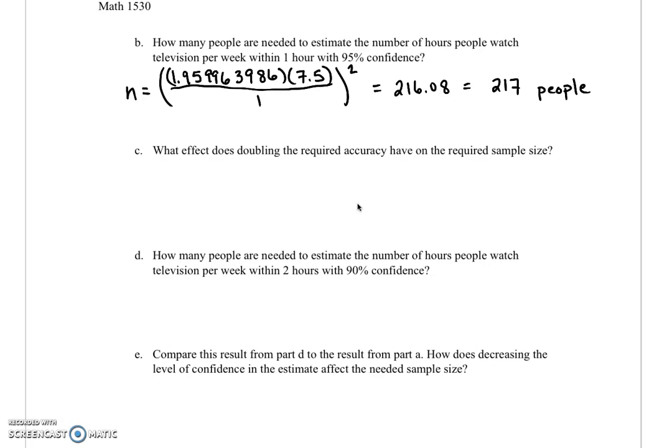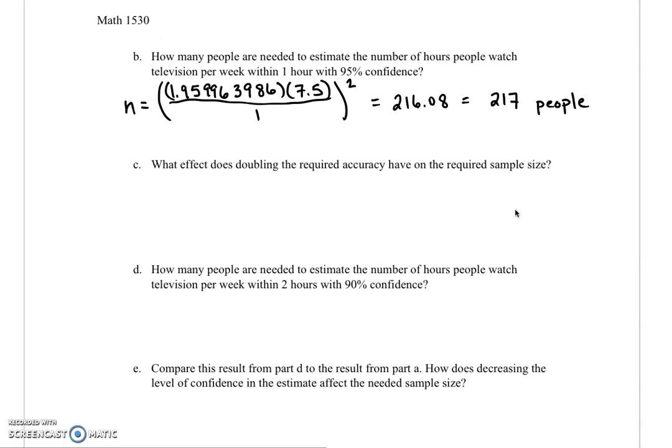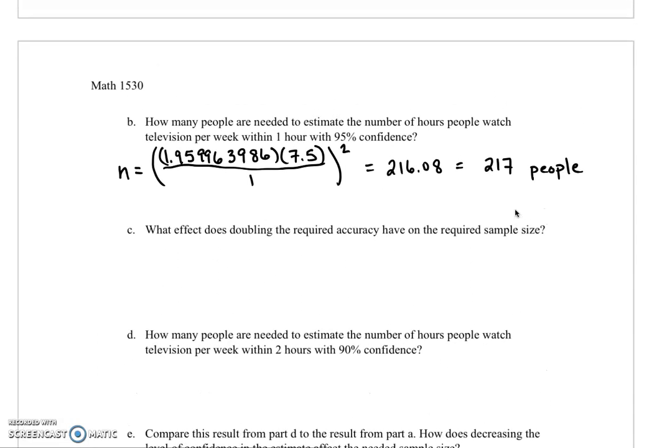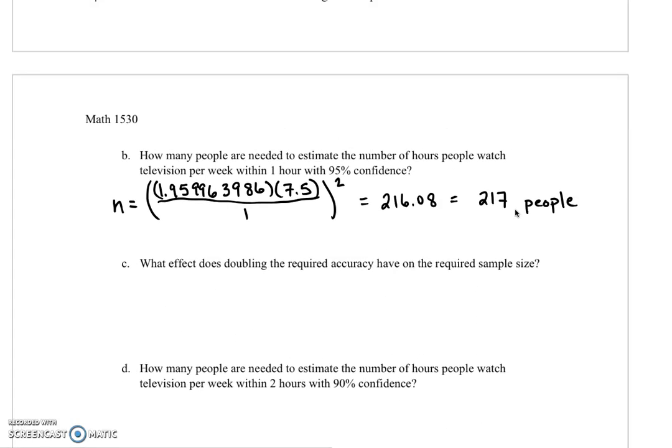Now they want to know what the effect of doubling the required accuracy has on the required sample size. So doubling the accuracy is the same thing as halving the error.